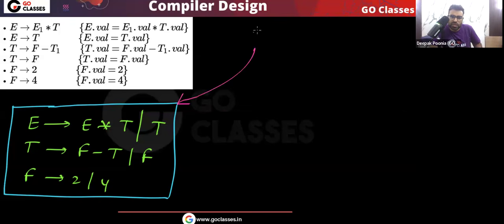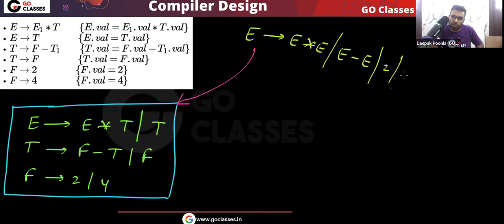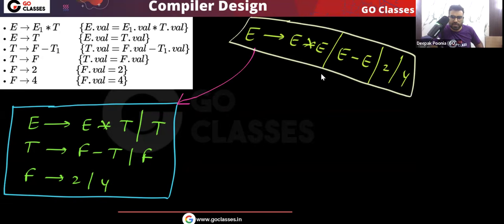Look at this ambiguous expression grammar using these two operators, star and minus: E star E or E minus E or 2 or 4. This grammar is an ambiguous expression grammar.